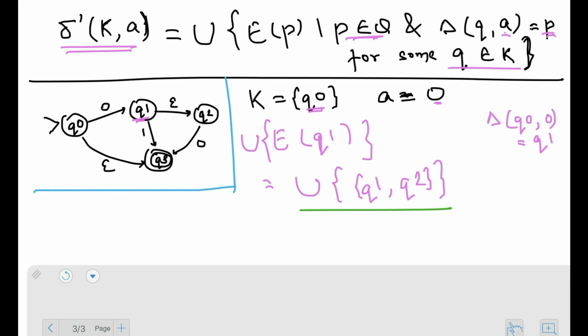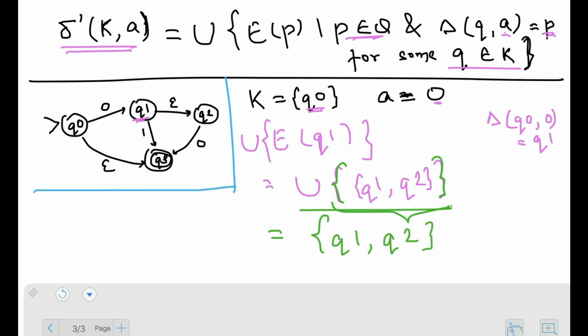So if I had, let's say, epsilon of q1 comma epsilon of q2 and so on, I would have multiple sets within these braces, which is why this arbitrary union is important. So when I take the arbitrary union of this part right here, it is just q1 comma q2.